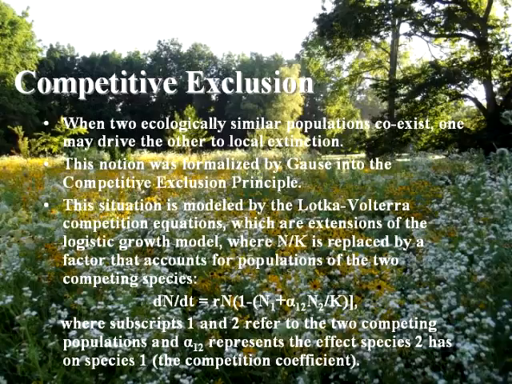And then this other term, alpha sub 1,2, represents the effects of species 2 on species 1. This alpha term is generally called the competition coefficient. In practice, figuring out what the competition coefficient is can be difficult. Designing a field study to measure that can be rather challenging.